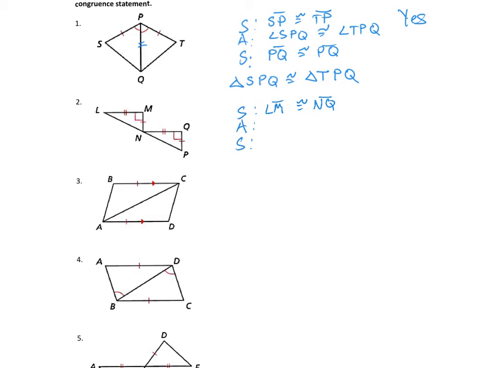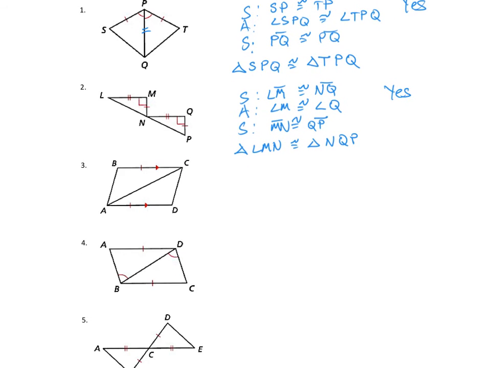Angle is angle M is congruent to angle Q. And the last side, MN is congruent to QP for our side angle side. So this is a big ol' yes. And our triangle LMN, remember you gotta be careful, match up our angles. Triangle NQP.